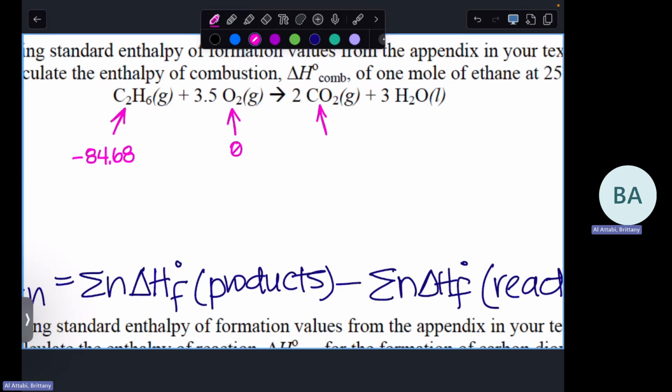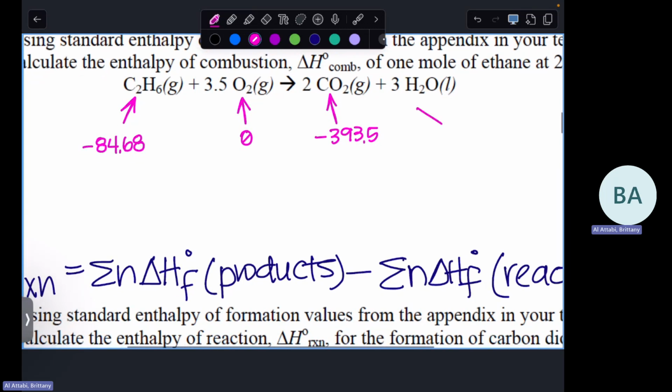CO2 gas is in the left-hand column, negative 393.5 kilojoules per mole. And then liquid water is in the right-hand column, and it is negative 285.8. Does everybody see? I know it's in alphabetical order by name of element, but has everybody found the table where the reference values are?